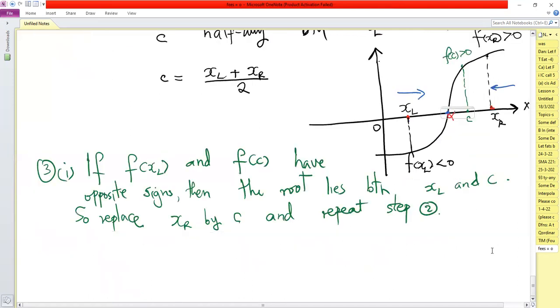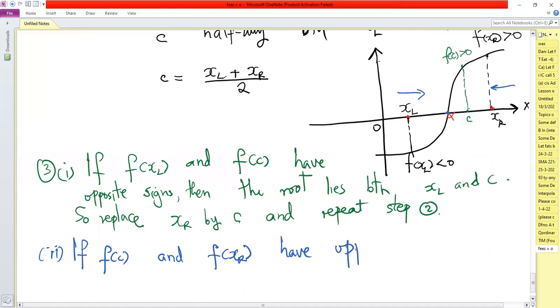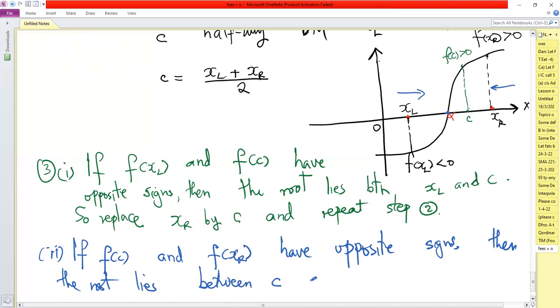But we may find case 2: if f of c and f of xr have opposite signs, then the root lies between c and xr.